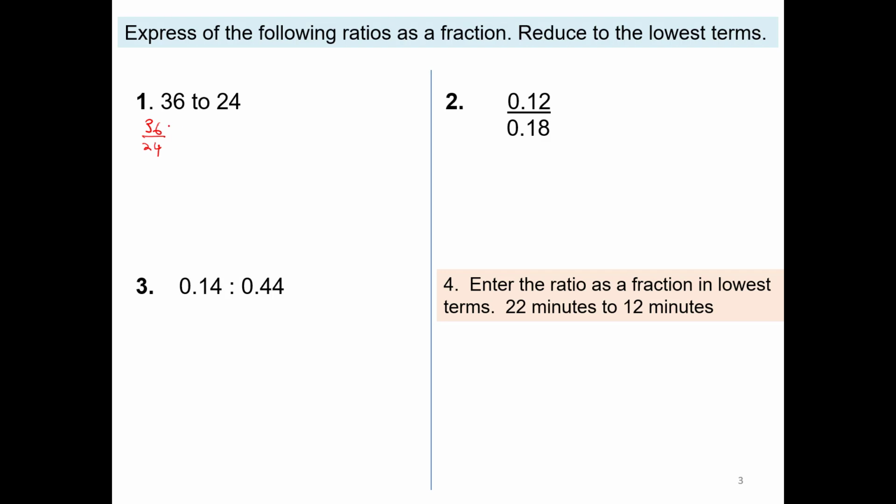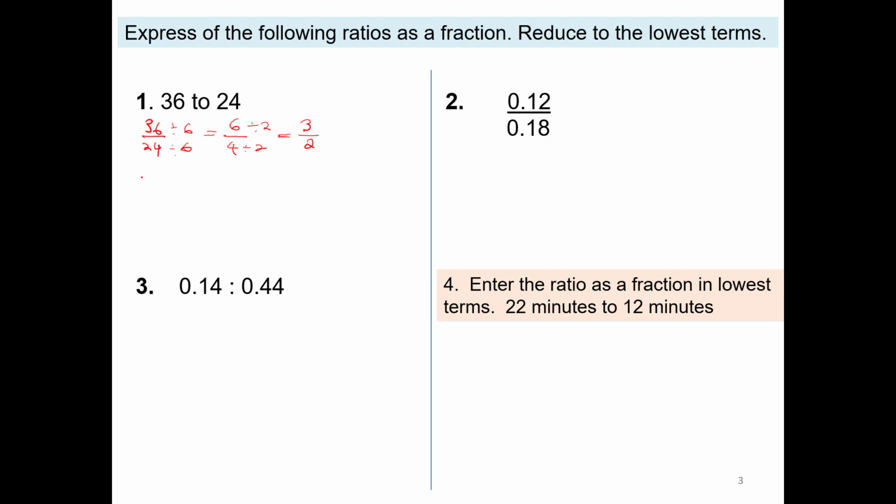For example, we can divide by 6 first. 36 divided by 6 is 6, 24 divided by 6 is 4. Then we can divide by 2. 6 divided by 2 is 3, 4 divided by 2 is 2. Then 36 over 24 is equal to 3 over 2.